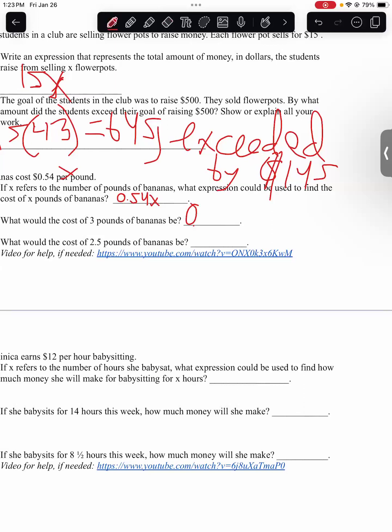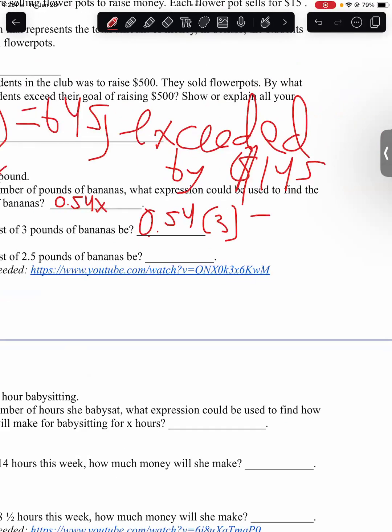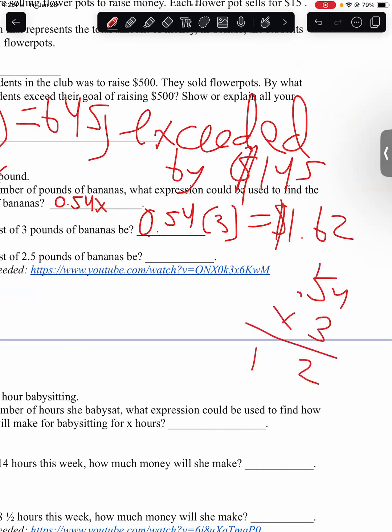I'm trying to get you used to this skill. This is a super important one. And that's going to be $1.62, okay? So that's 0.54 times 3, 12, 15, 16, right there. 2 decimals in the problem, so 2 in the answer.